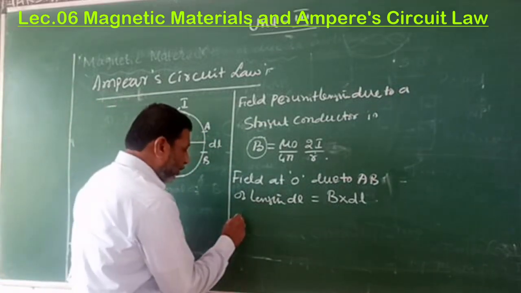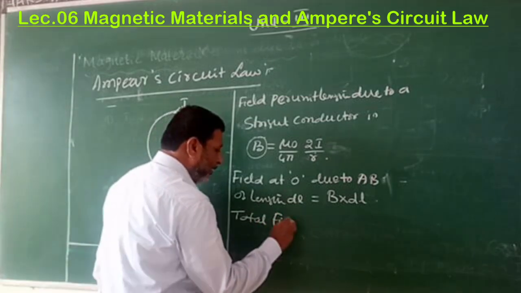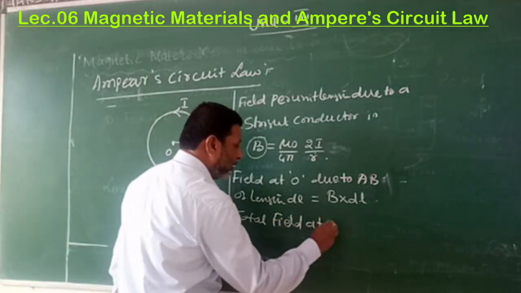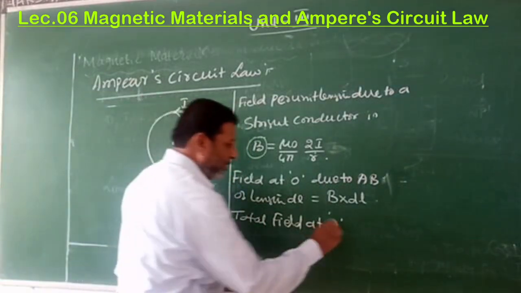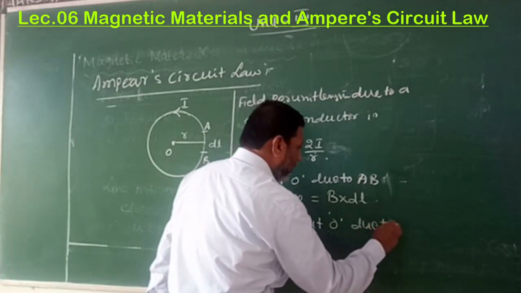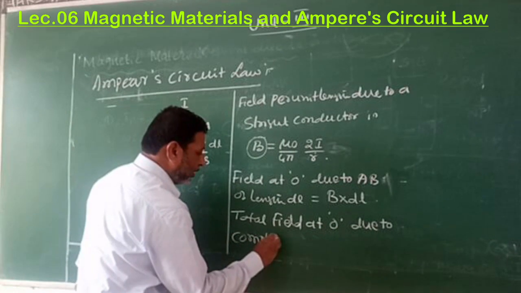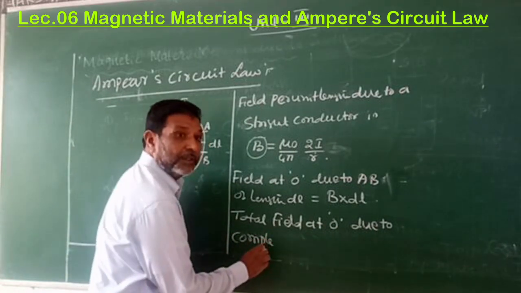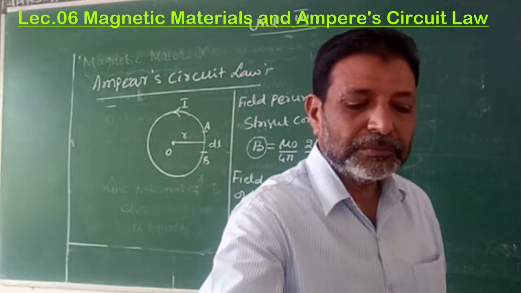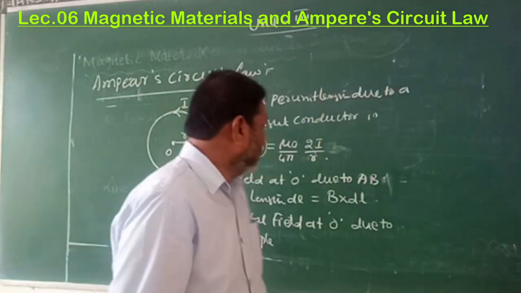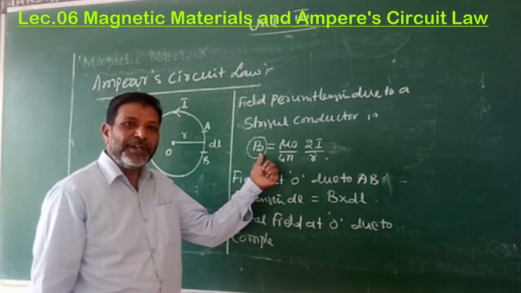Next, the total field at O, at this point, due to the complete loop. Here, B is the magnetic field per unit length.